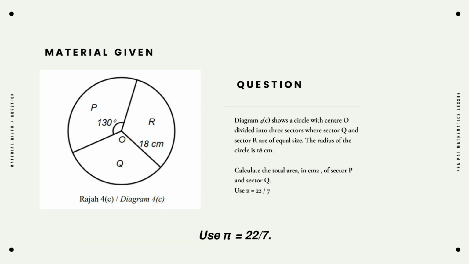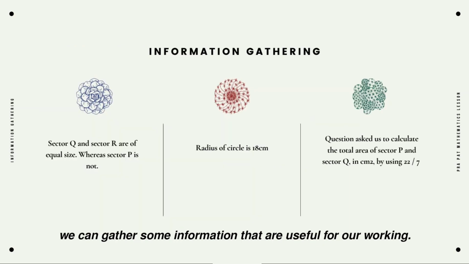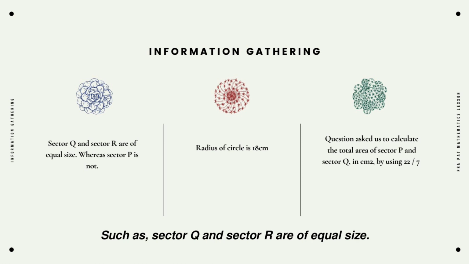Use pi equals 22/7. Now, based on the material given and question, we can gather some information that is useful for our working, such as sector Q and sector R are of equal size, whereas sector P is not.